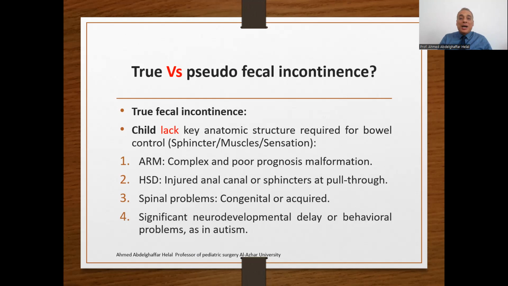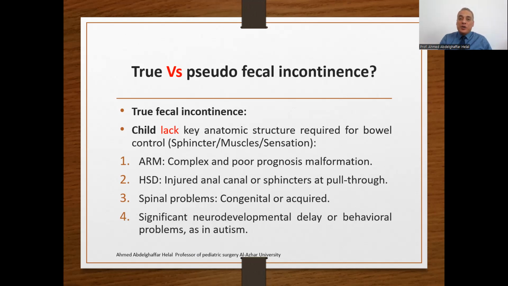And we speak about bowel motility. So these children lack one key anatomical structure required for bowel control, maybe an injured sphincter, injured muscles, or lost sensation. For example, in anorectal malformation, complex and poor prognosis malformation, children are born without an anal canal, born with abnormal or hypodeveloped muscles, and may have affected motility.